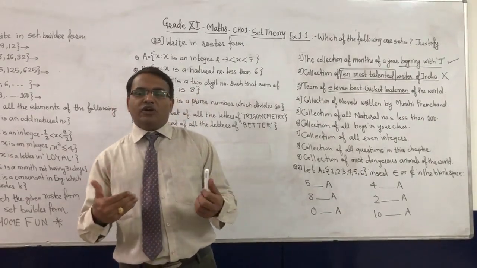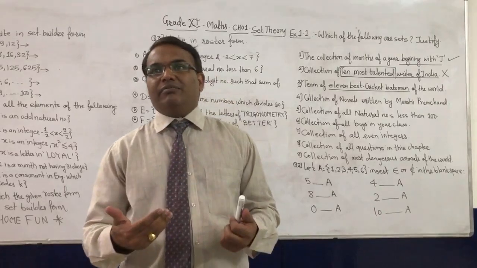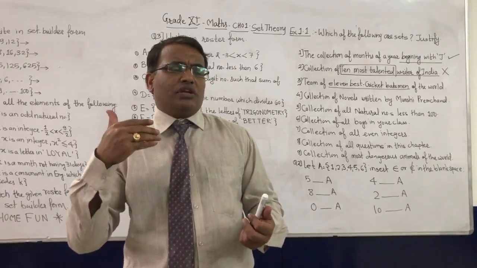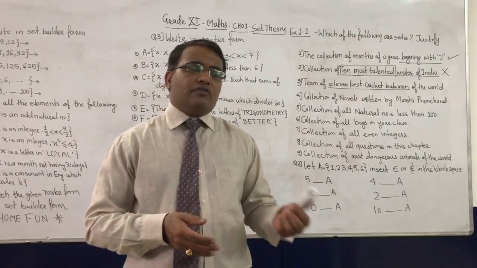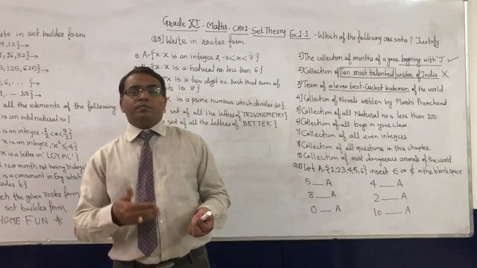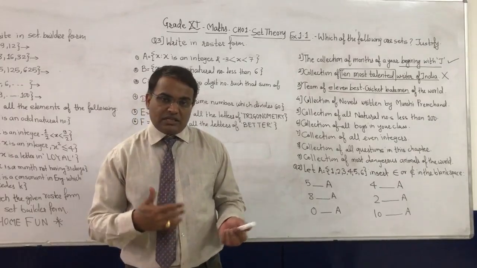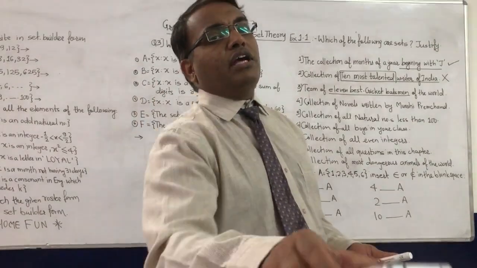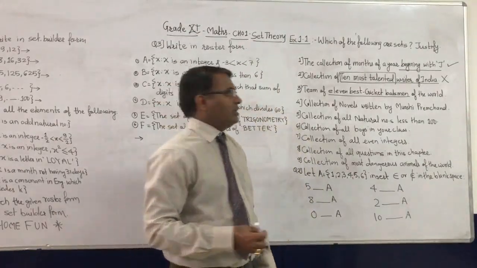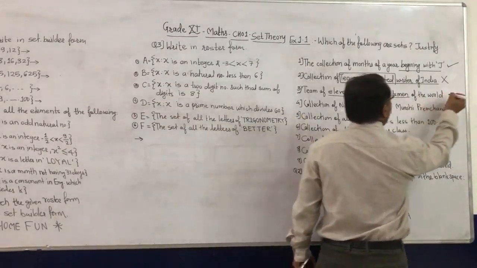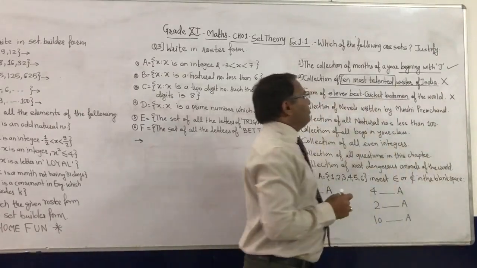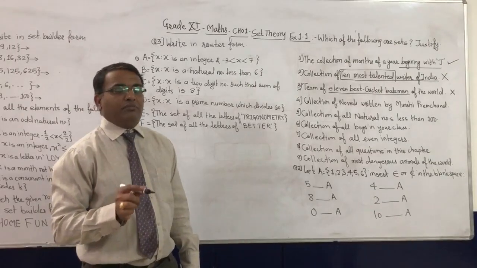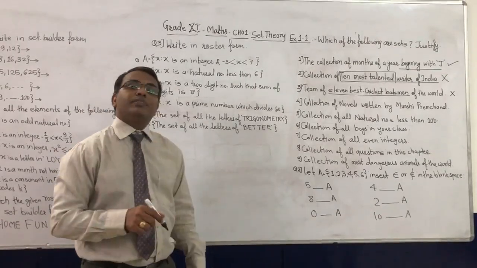So for someone the best batsman can be the one whose score is very high, who scores a century every day. But for somebody else, a person who spends more time on the crease will be the best batsman, right? So accordingly it will be different. So here also the term best cricket batsman is not well defined, and because of that it is not a set.